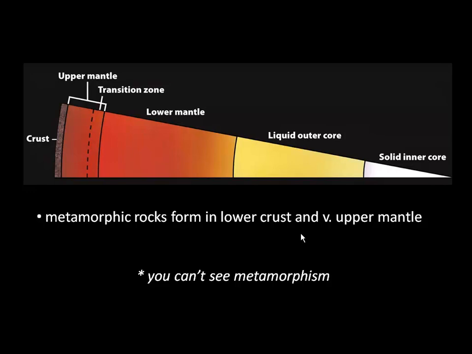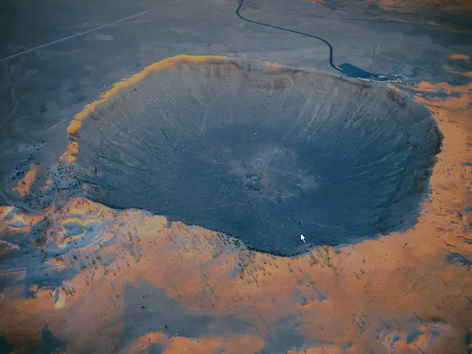So by and large, this is not going to be a process that you're visually going to be able to see. The one exception to that would be something like a meteorite impact. You have an immense amount of heat, an immense amount of pressure, and that's happening at the surface of the planet. But that's really a catastrophic event, and hopefully none of us will live through something like this.